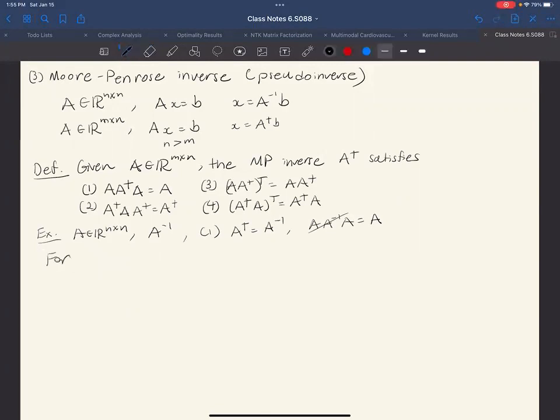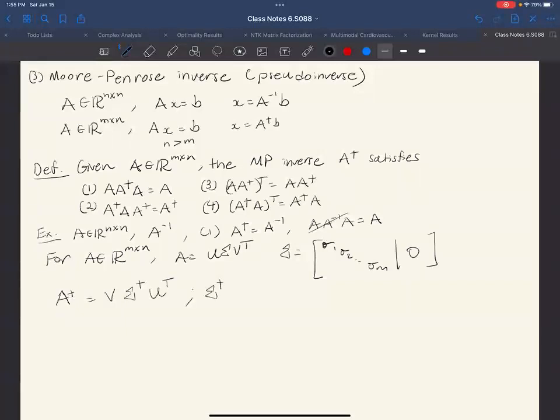So for A m by n, if we have A equals U sigma V transpose, and recall sigma is this diagonal matrix, sigma 1, sigma 2, sigma m followed by zeros, then A pseudo-inverse is just going to be V sigma dagger U transpose. And now what is this sigma dagger? Well, this thing is just going to be 1 over sigma 1, 1 over sigma 2, 1 over sigma m, followed by zeros.